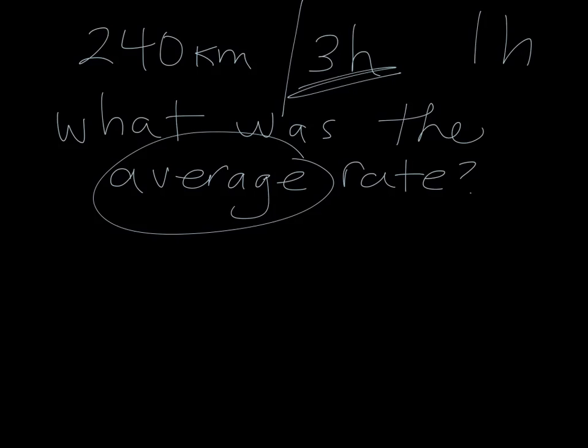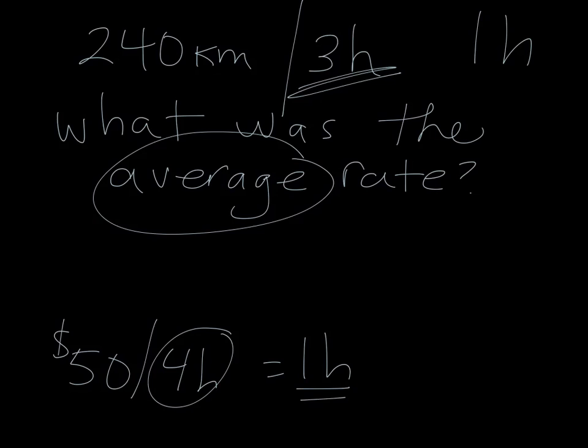Or in 1 day, or 1 minute. It's always finding per one. So for example, if I make $50 in 4 hours, finding the average, I would be finding what I make in 1 hour. So you're always finding that per one.